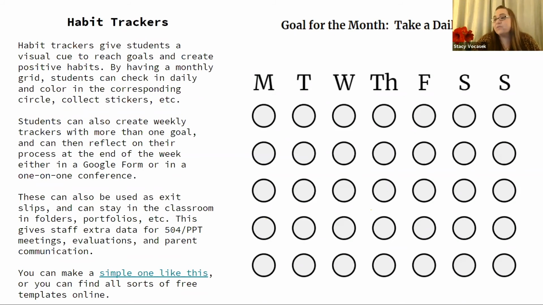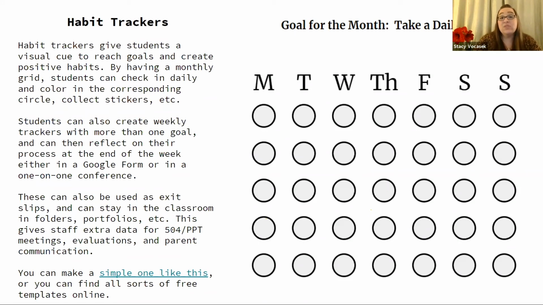But if a kiddo's goal is to write down their assignments every day, and that's their exit slip, and they have to mark off in the chart that they did it or not, then you can call mom or dad or grandma or auntie and say, your kiddo only did this 4 days out of this week, or well, actually 4 days out of 5 days is really pretty awesome for a kid. But it gives you more power when having conversations with the kids too.